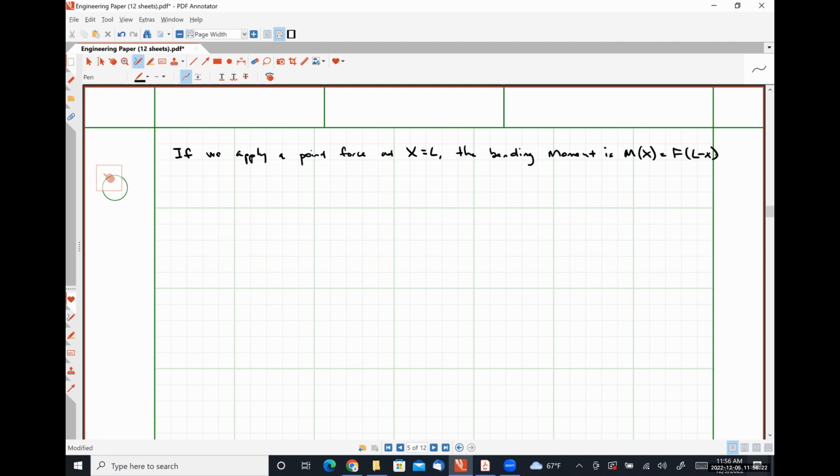So our bending moment depends on our particular position along the length of the beam.